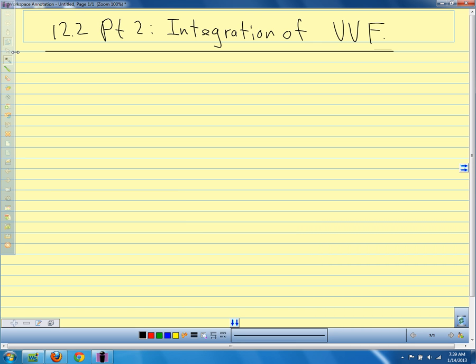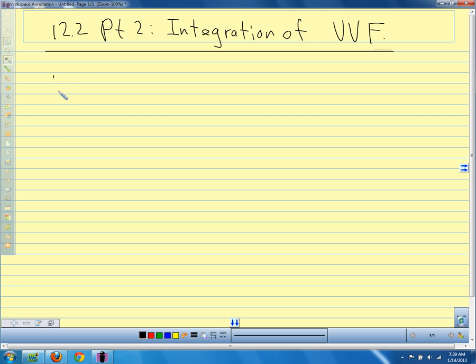All right. So on Friday we came up with a definition for differentiation of vector valued functions, and because of the way we defined differentiation, we can define integration of vector valued functions.